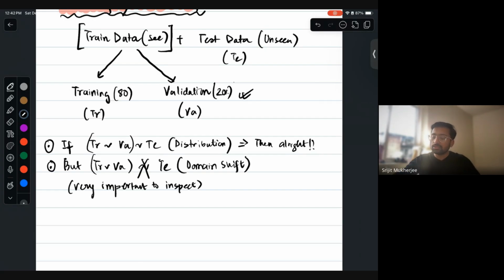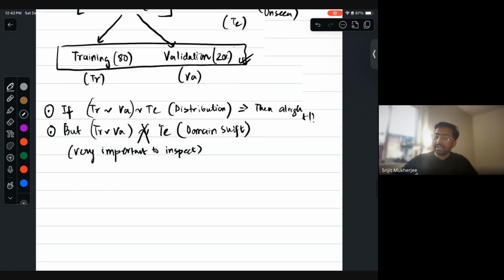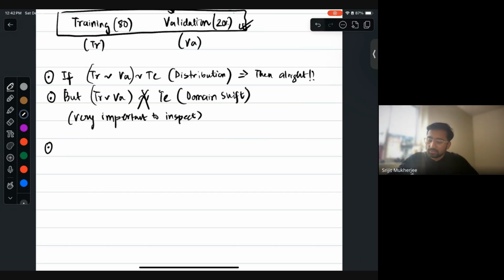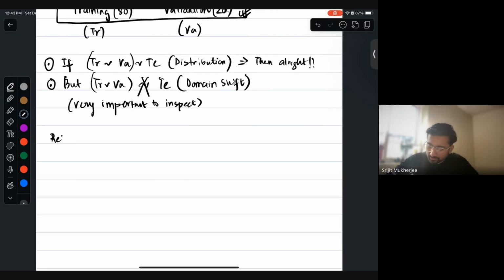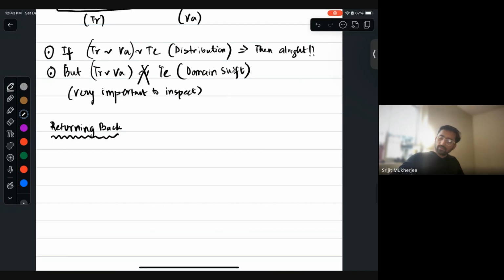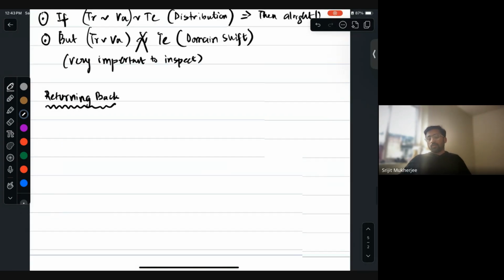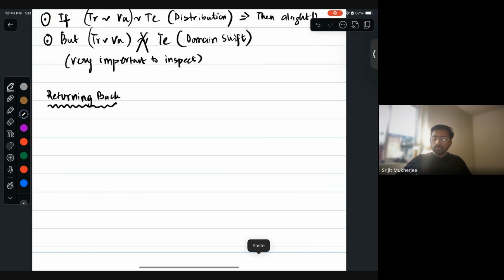So your goal is to have a scientific way to make sure you split the training data into two halves. Returning back, so you divide training and validation.